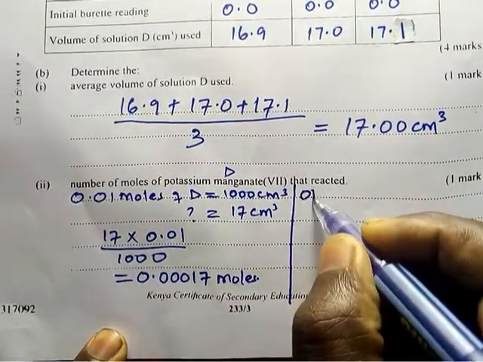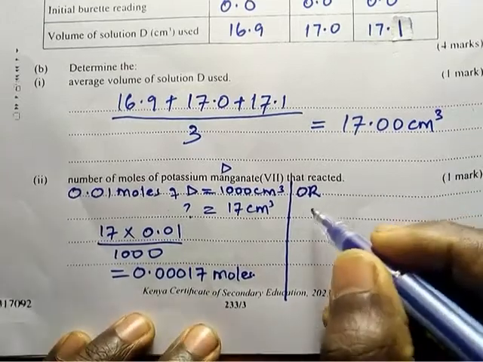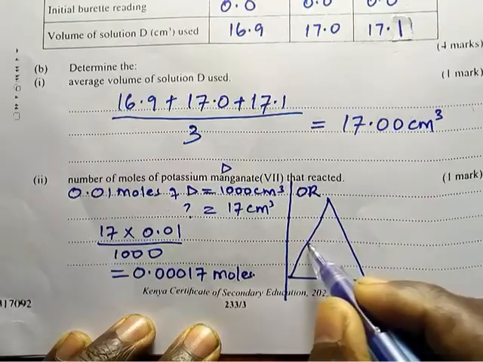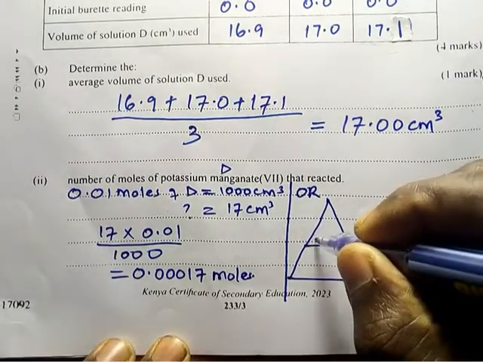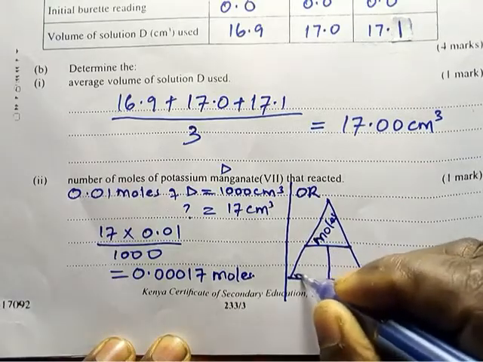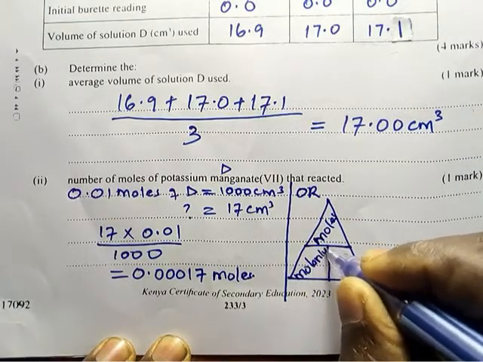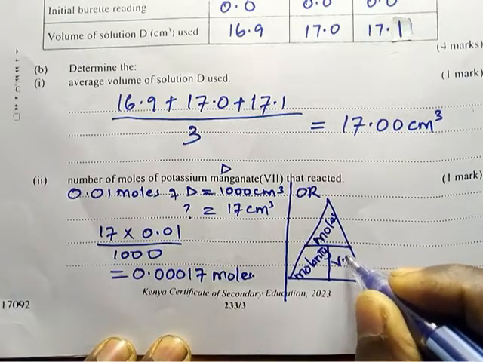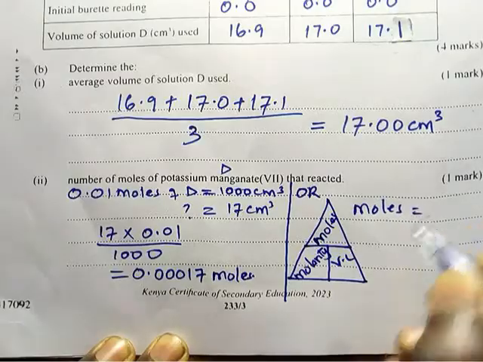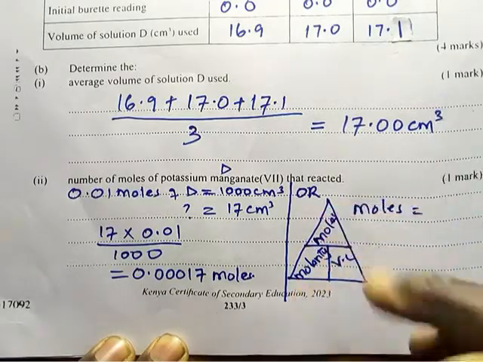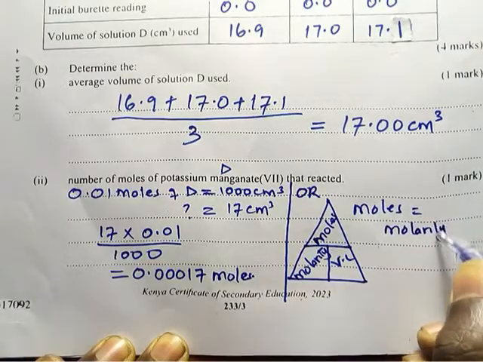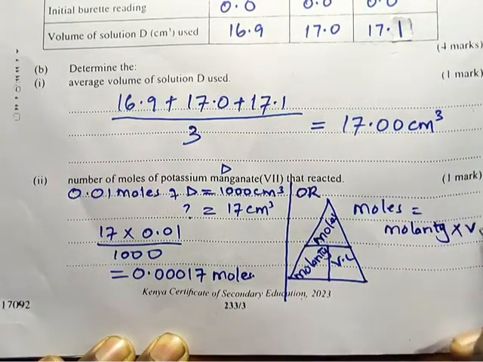Or you can use the formula: when we want moles, because we have the molarity and the volume in liters, moles is equal to molarity times volume in liters.